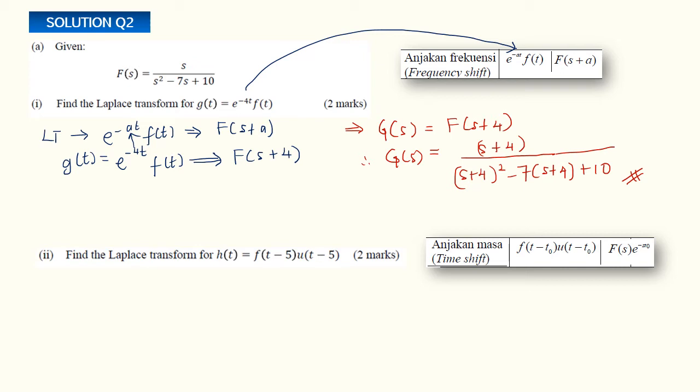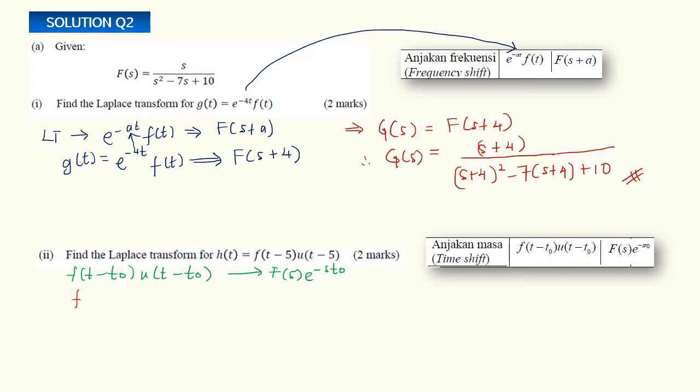Let's compare the given equation with the one in the table. From the table, you have f(t minus t0) u(t minus t0) that produces F(s) e^(-s t0).